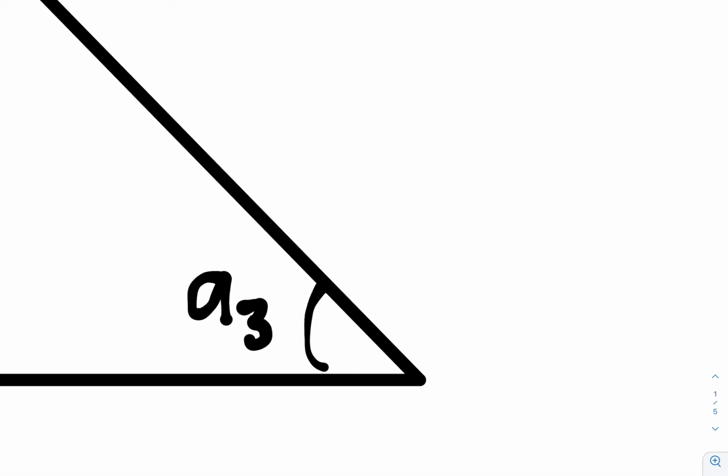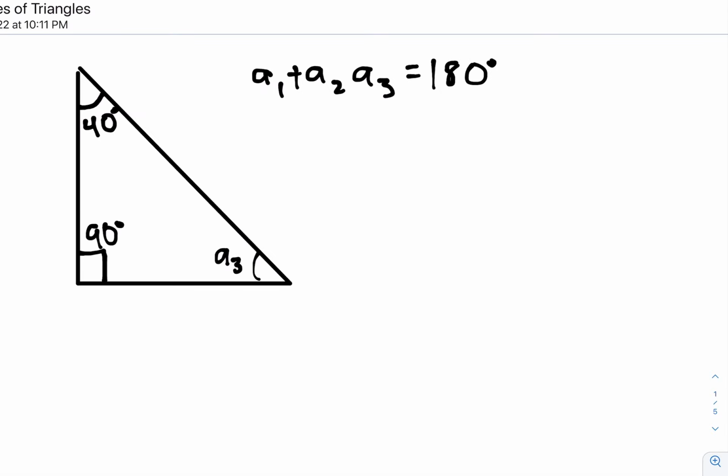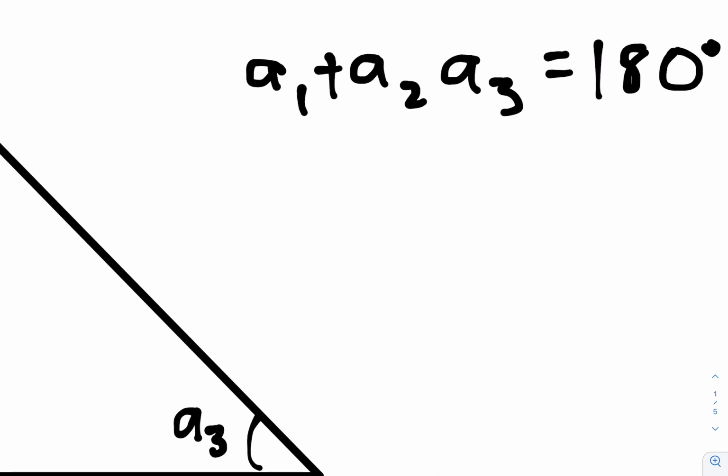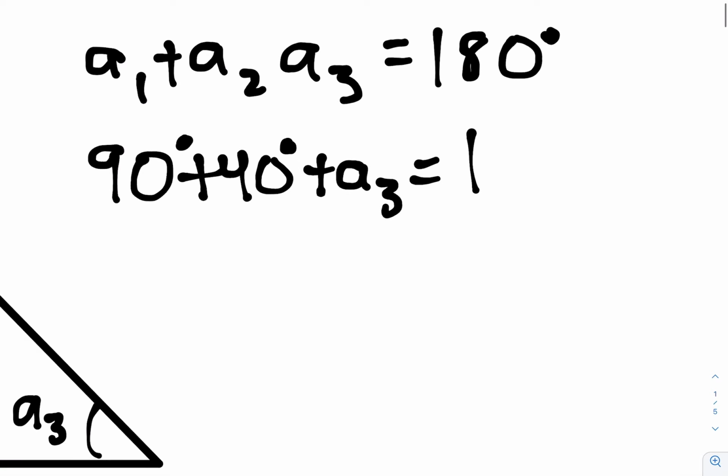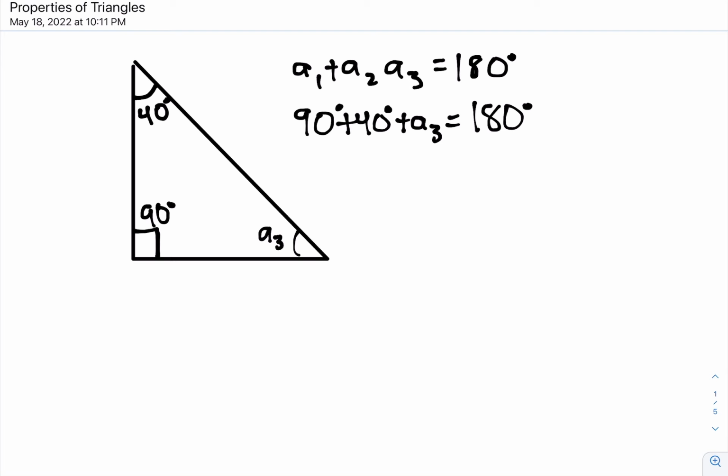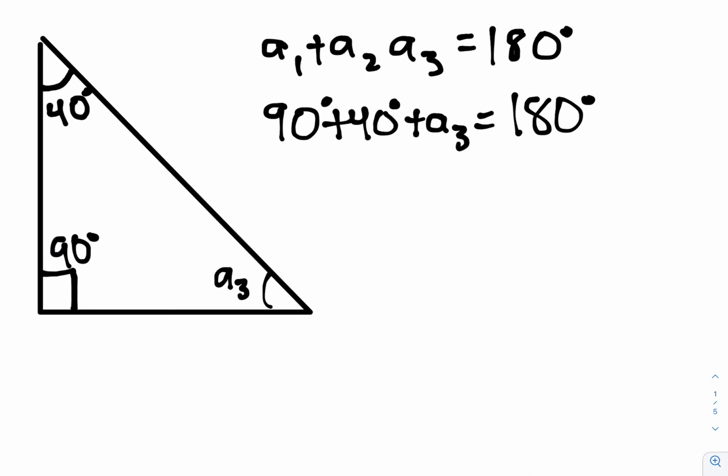How could we find out angle 3? Well, we know that angle 1 and 2 are 90 and 40. So 90 degrees plus 40 degrees plus our angle 3 is going to equal 180. So this 90 and this 40 account for 130 degrees of the 180 degree triangle.